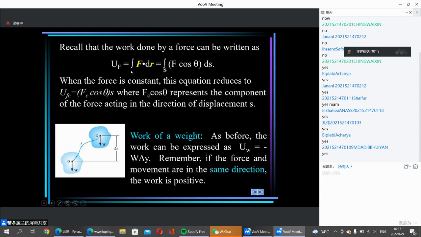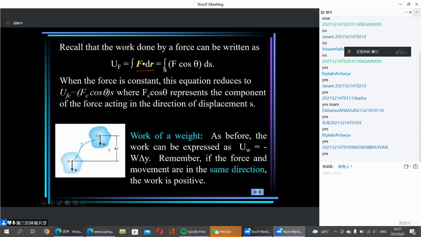So the work is the dot product between the force and the displacement. It's very important. It's a dot product. That means only the component along the displacement will do work on the rigid body.